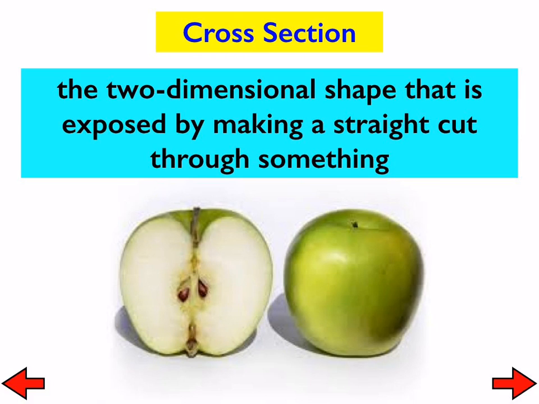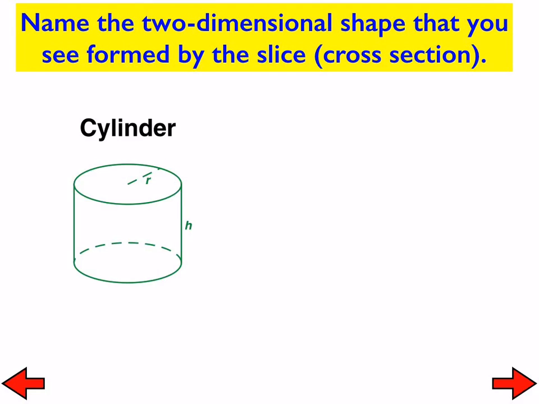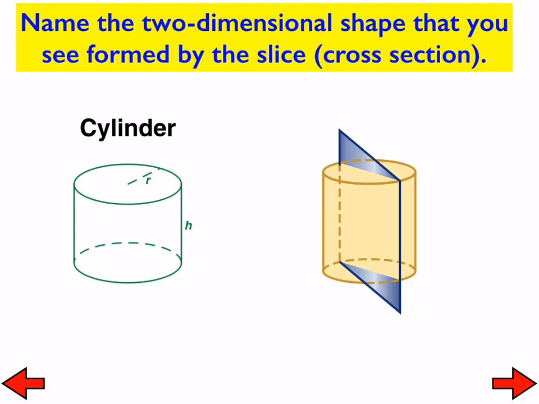So here's a perfect example of a vertical cross-section cut through an apple. And the part that's exposed right there, that is the cross-section. Okay. So if I give you a cylinder and I cut it right there, anybody know the name of the shape that's in that cross-section there?